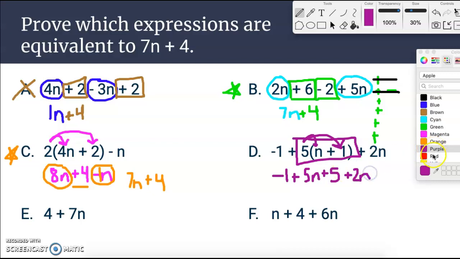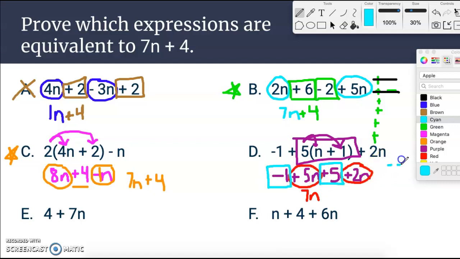Then we need to combine like terms. So for variables, I have a positive 5n and a positive 2n. 5 plus 2 makes 7n. And for our constants, we have a negative 1 and a positive 5.